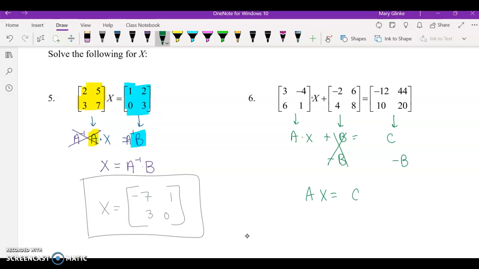And it would be C minus B. Then I have to undo this by doing the inverse of matrix A. So I'm going to make sure that I'm grouping C minus B together. The matrix X would be the inverse of A times the quantity of C minus B.